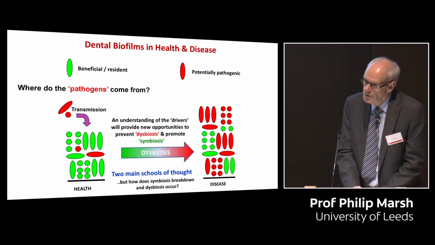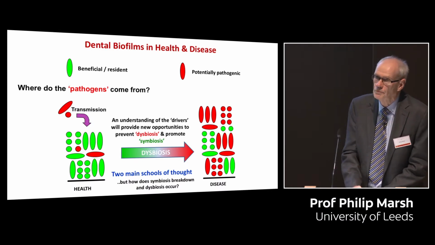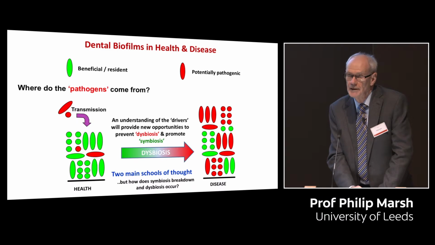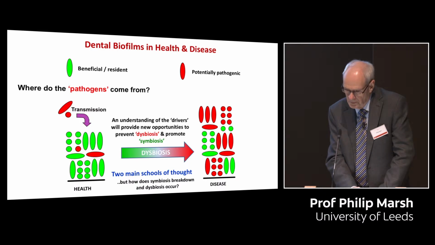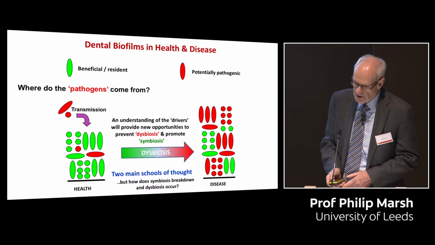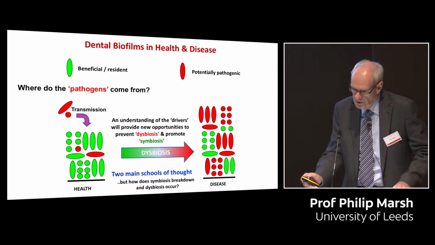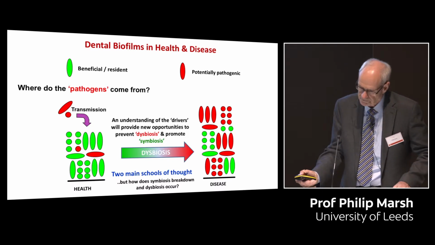However, for these few organisms to suddenly outcompete bacteria that are beneficial to us and with which we've co-evolved for many millennia, something major has to happen at that site for these organisms to suddenly become dominant. So how does symbiosis break down? Because if we can understand this, we can start to provide new opportunities to prevent dysbiosis and promote symbiosis.